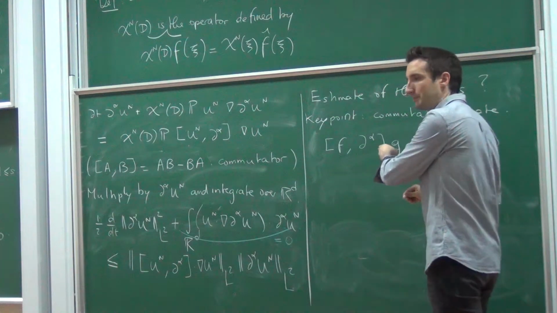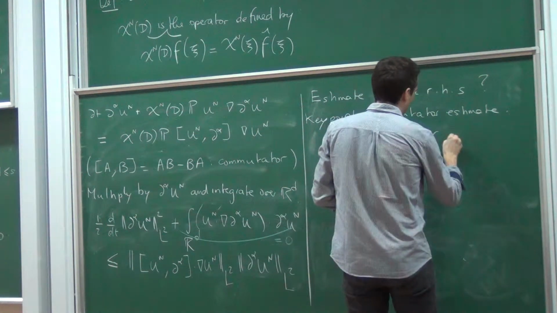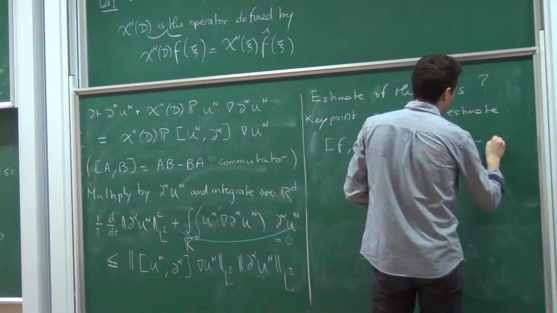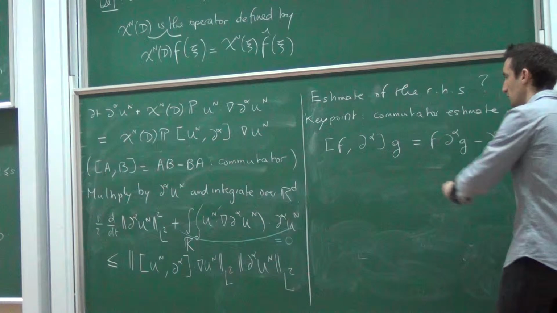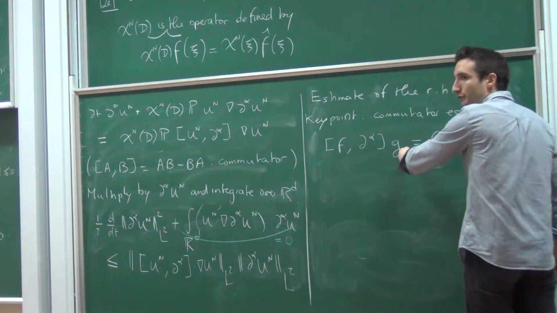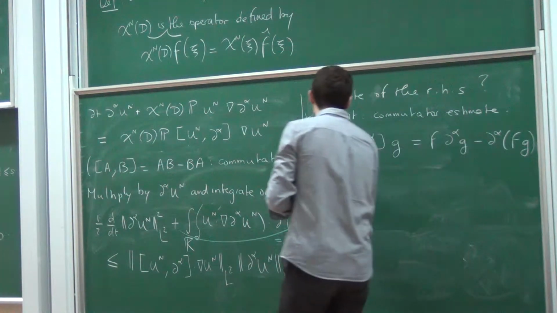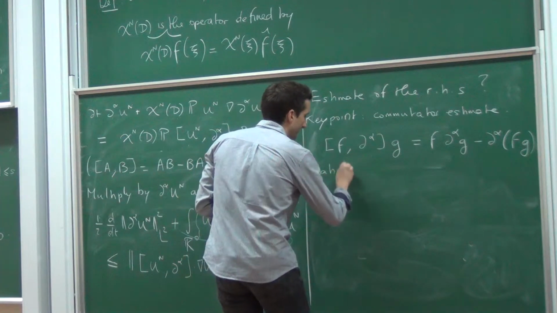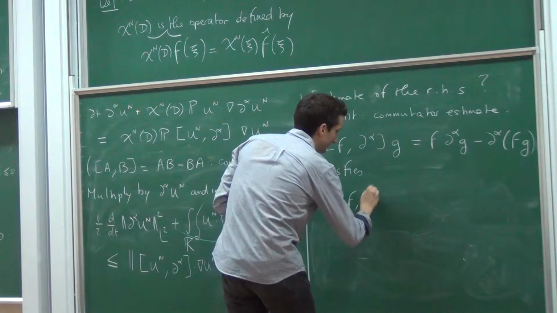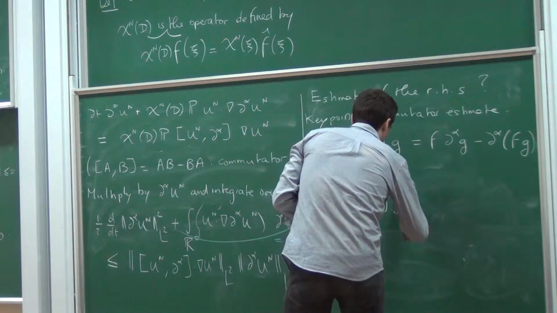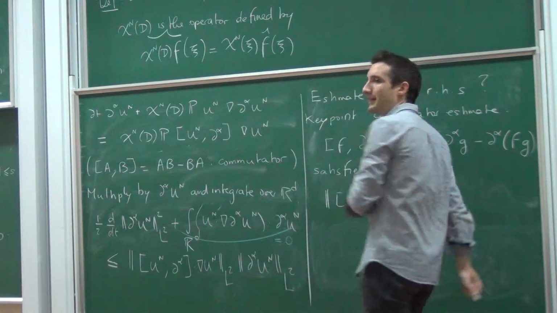This kind of guy, okay? That's f d alpha j minus d alpha of fj. When you look at the action of this commutator on the function j, it satisfies the following estimate.